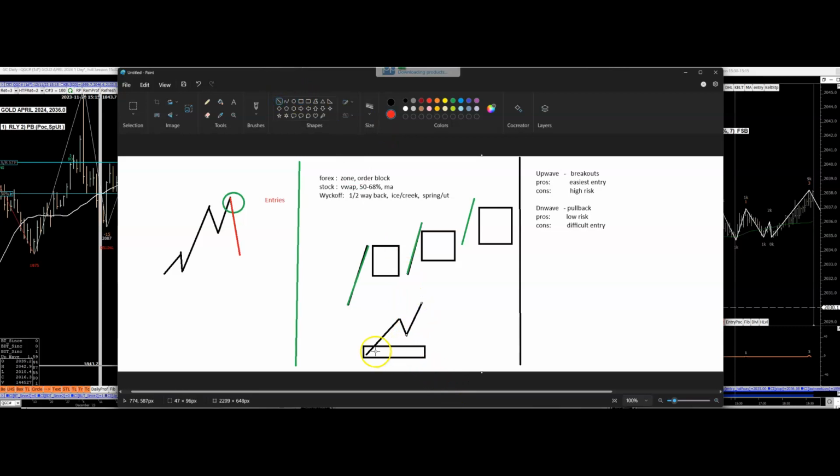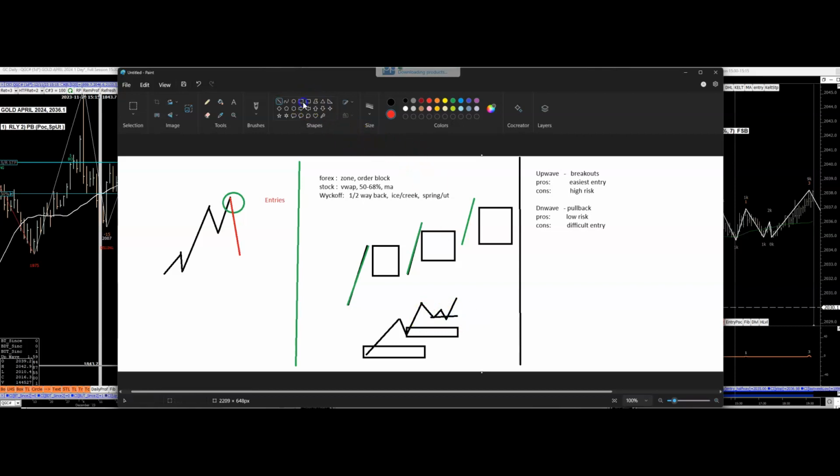It goes, so they missed the opportunity. So what do they do next? They put a zone here. What can happen next? It may go, and they miss it again because it was a spring.